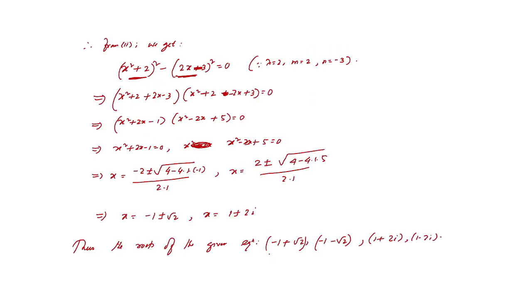Here I have already shown with the help of Ferrari's method that the number of real roots is 2, and they are minus 1 plus root 2 and minus 1 minus root 2, and the number of complex roots is also 2, 1 plus 2i and 1 minus 2i.